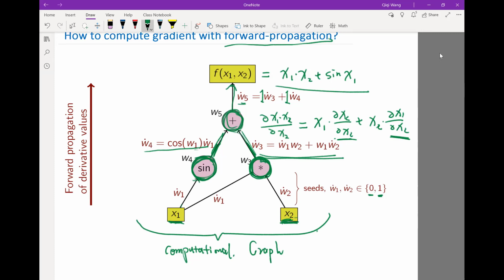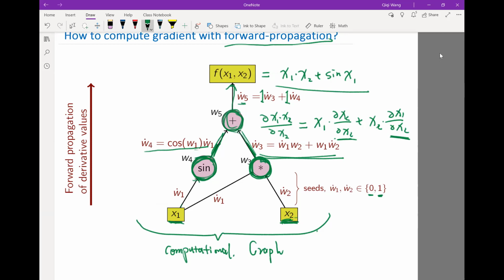And as you can see, the procedure can be applied algorithmically. At every stage, we can just store the partial derivative of every simple operator, right? I mean, we have to know the derivative of these simple operators. For sine, it's going to be cosine. For multiplication, it's the derivative of one operand multiplied with the value of the other operand plus the derivative of the other operand multiplied by the first operand.